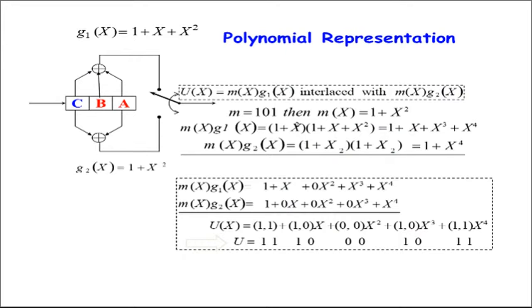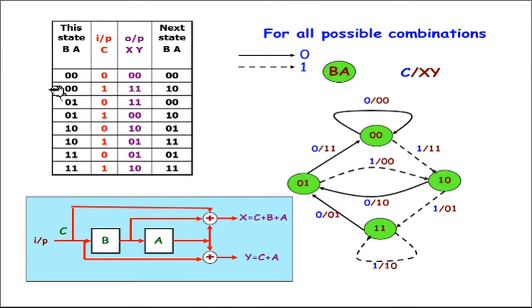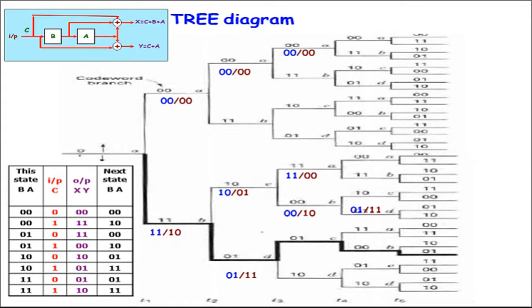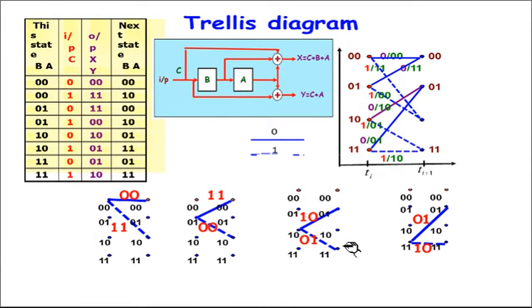We have seen how to prepare this particular state table from this encoder circuit, as well as how to prepare the state diagram from the state table. So let's proceed to the trellis diagram. This is what the trellis diagram looks like.